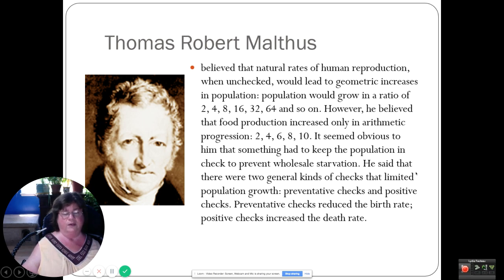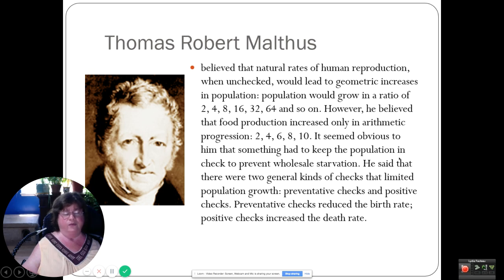Now, we know that this isn't really the whole story, because he's not taking into account this increase. We as a society have increased food production to the point that it is sustainable. He never really thought about increasing that element. But he does have some points to it.